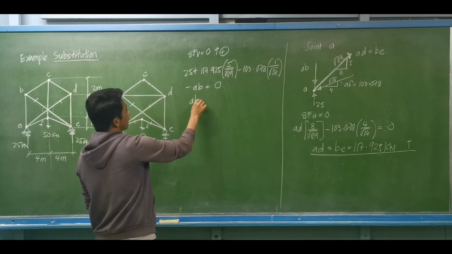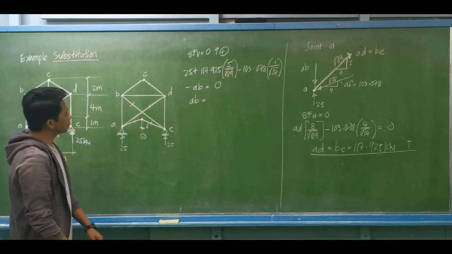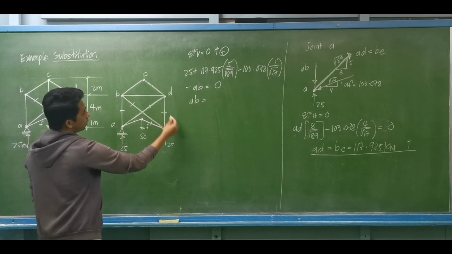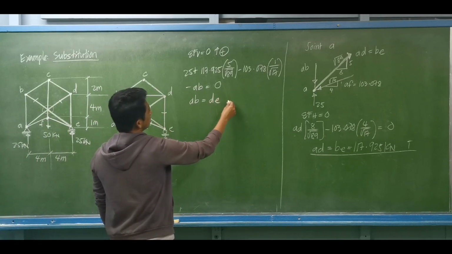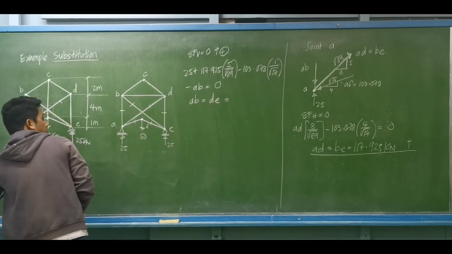So let's compute for the magnitude of AB. If you observe, AB is similar to DE, so they are the same. Let us compute.